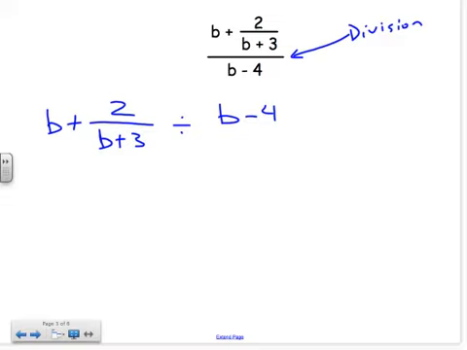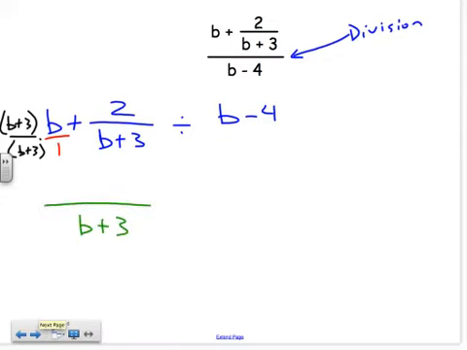So we need a common denominator. Well, this is really b over 1, and the common denominator would be b plus 3. So I have to multiply this b over 1 times b plus 3 over b plus 3. I like to put the parentheses so I don't forget to distribute. So now I have one denominator over here of b plus 3. And I have to simplify.